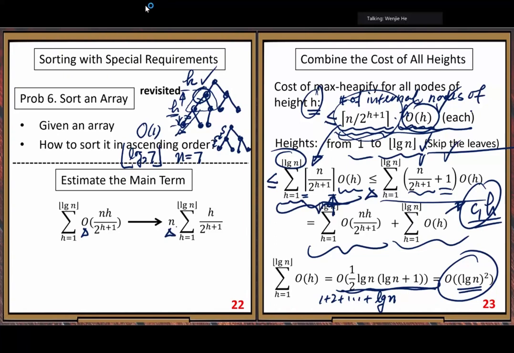During this summation we never change n. Each h value changes from 1 through floor of log of n. H is treated as a variable, n is treated as a constant. So we can factor out the constant n. Inside, we need to take the summation of h over 2 to the h plus 1.